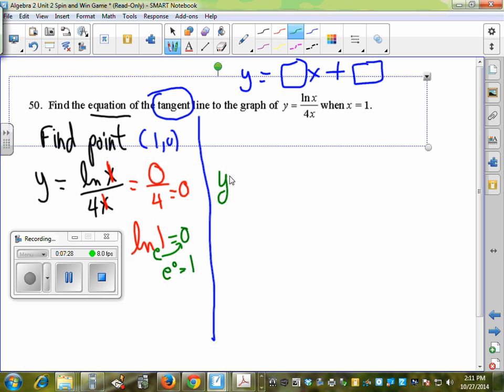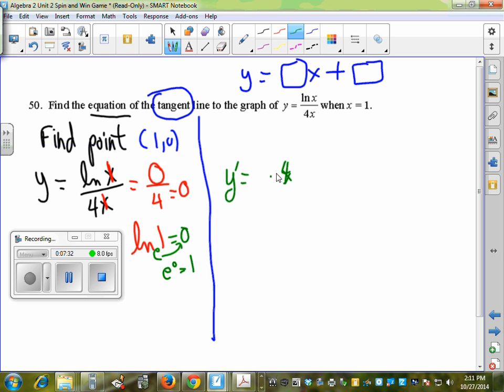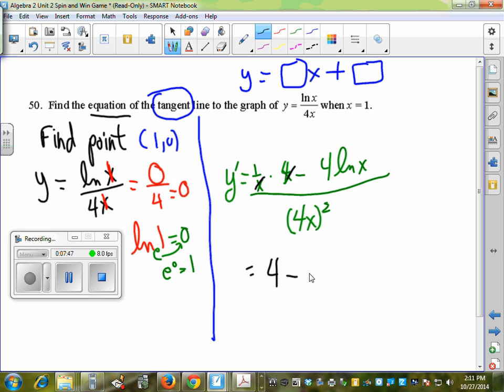So sing with me again. Low, D high, minus high, D low. Square the bottom and away we go. So that cancels. So we have 4 minus 4 natural logarithm of x over all that stuff.